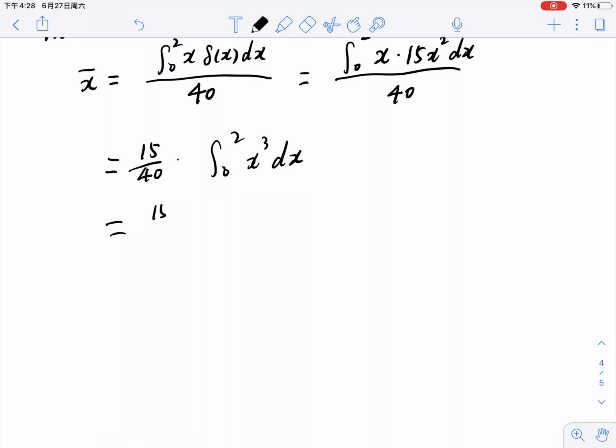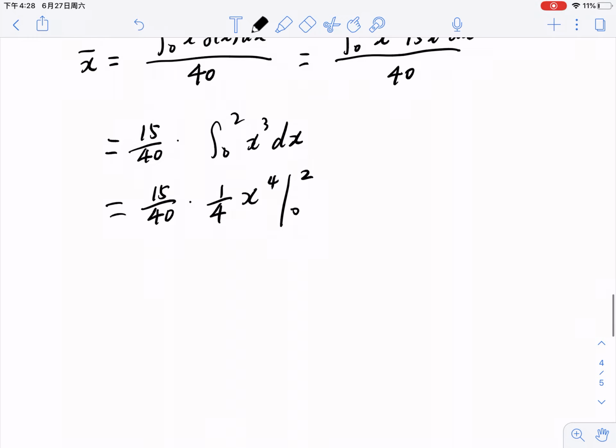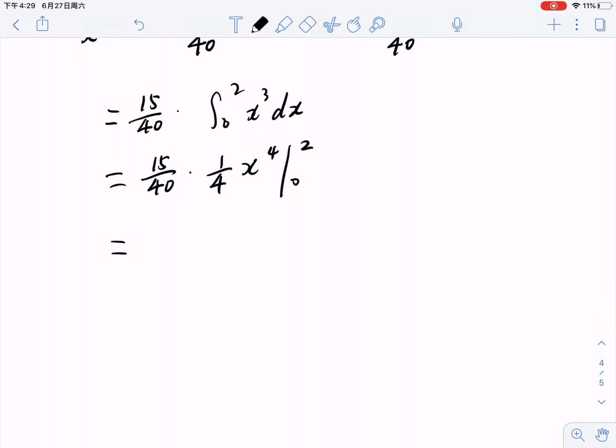So this is 15 over 40 times 1/4 x to the power 4, from 0 to 2. So this is 15 over 40 times 1/4 times 2 to the power 4.